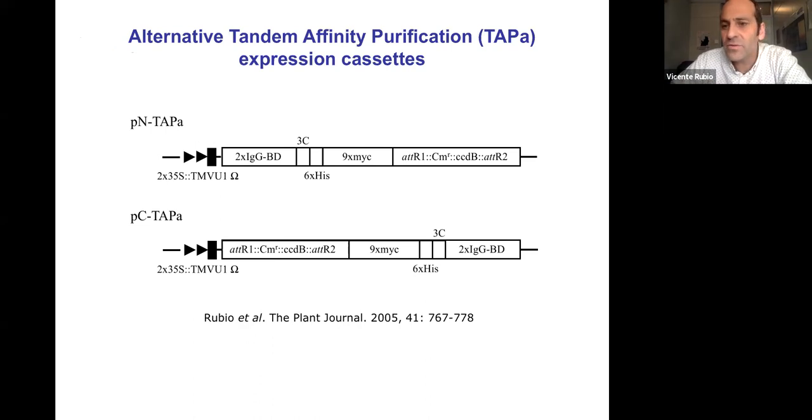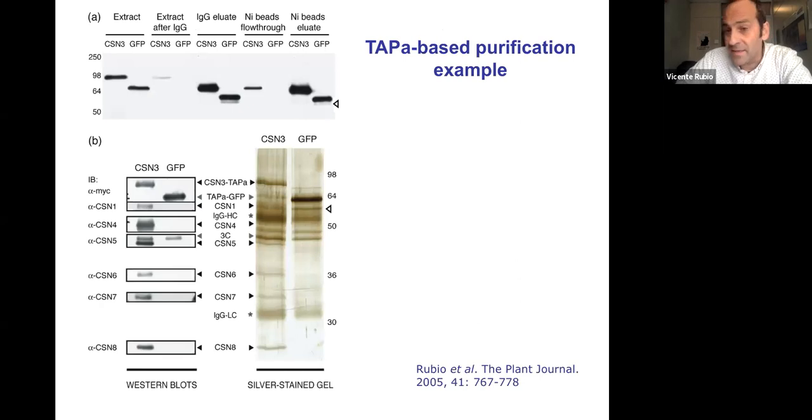And we decided to use Arabidopsis as the system to test this, right away in planta. The system worked at the time, so this was the proof. We purified the COP9 signalosome by using this alternative tandem affinity purification system.